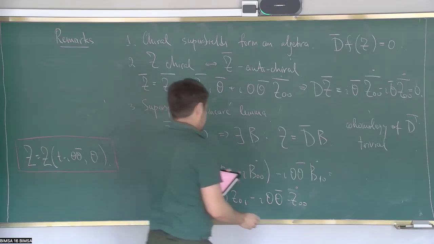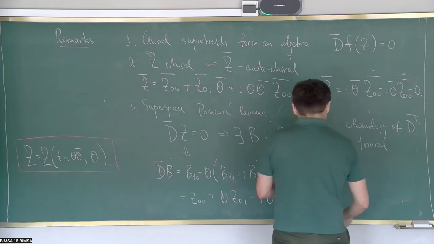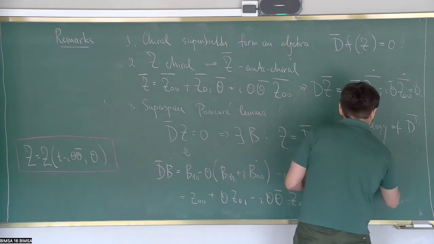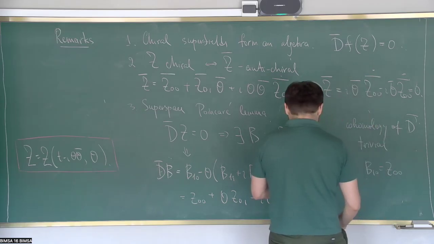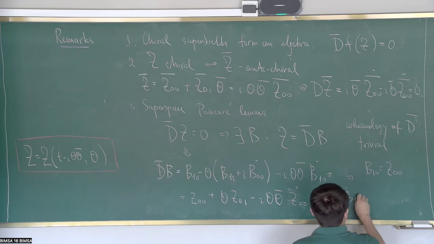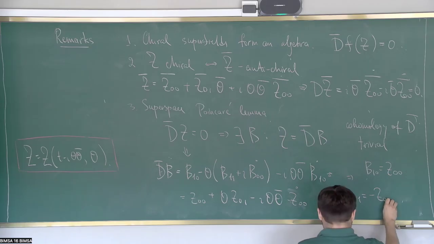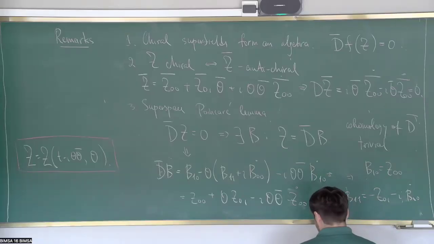Right, so we find that B10 is Z0,0, and B11 is Z0,1 minus i D0,0 dot.